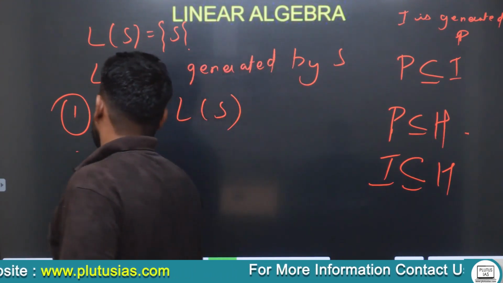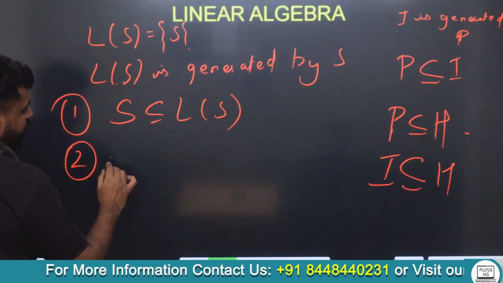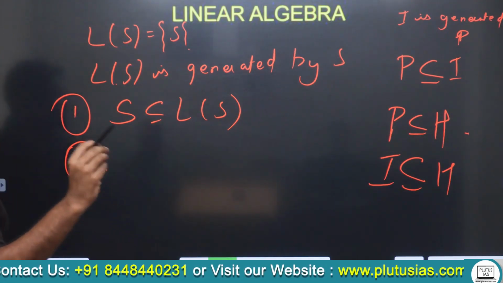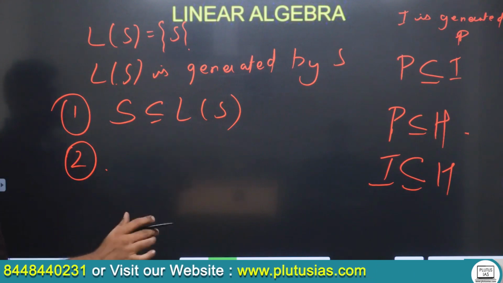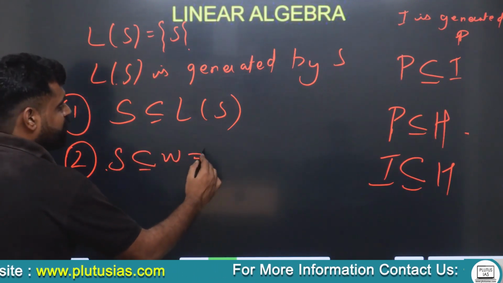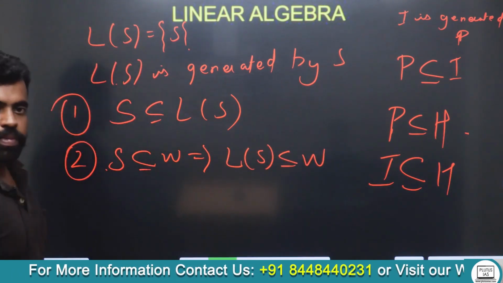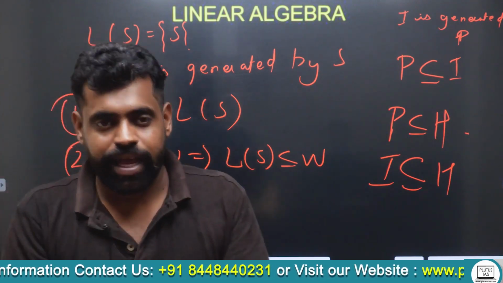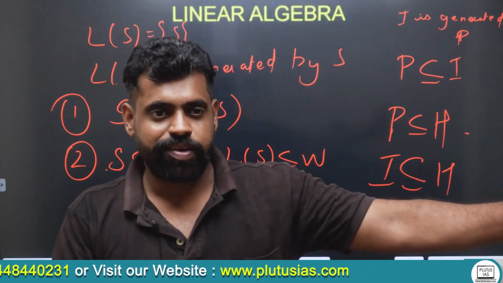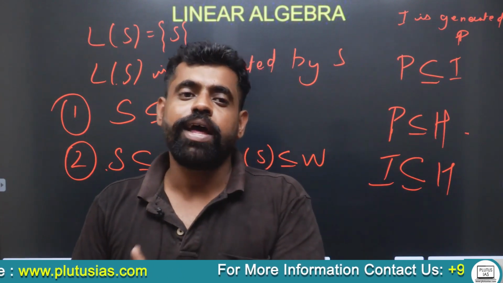A second thing which I mean is, if there is any subspace or any set W and S belongs to W, then it implies that L(S) also belongs to W. जहां जहां S आएगा, अगर पूरा सेट आ जाएगा किसी के अंदर, सबसेट बन जाएगा किसी दूसरे सेट का, तो वहां पूरा L(S) भी आ जाएगा. This is L(S) is generated by S.